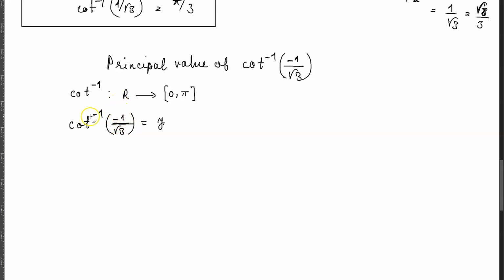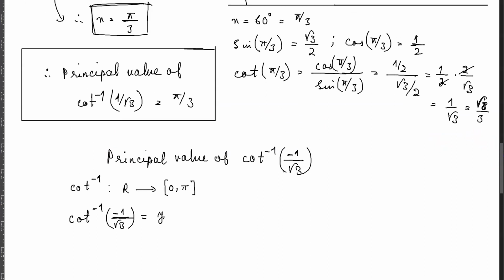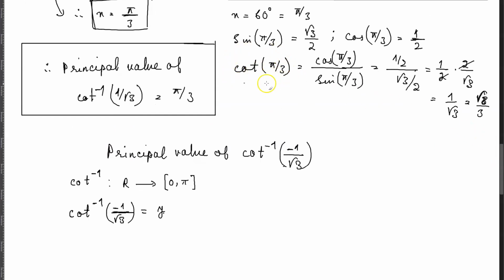And so what that means is that we said that basically the cot of pi by 3 is equal to 1 over square root of 3, which is the same thing as the cot of 60 degrees. The cot of 60 degrees is equal to square root of 3 by 3, or to write it the way that they have written it, basically 1 over square root of 3, right?